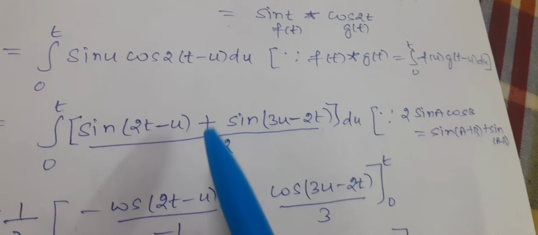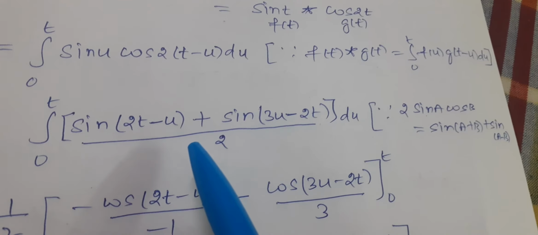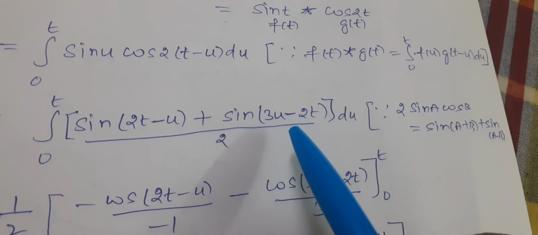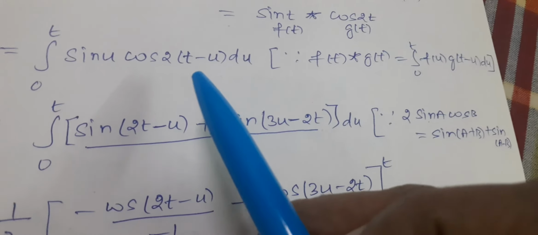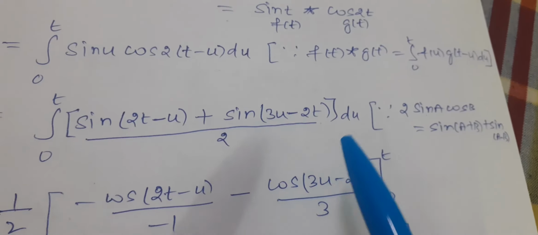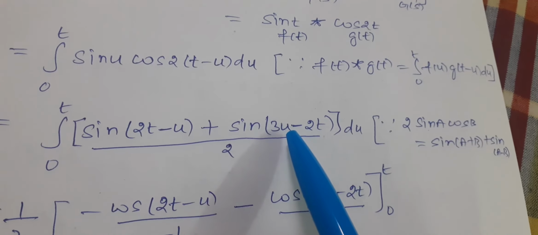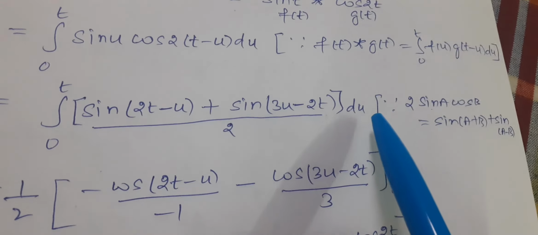Minus u. So sin of 2t minus u, plus, this is sin of a plus b. This is sin of a minus b: u minus 2t plus 2u, so 2u plus u is 3u minus 2t. This is sin of a minus b, divided by 2 into du.